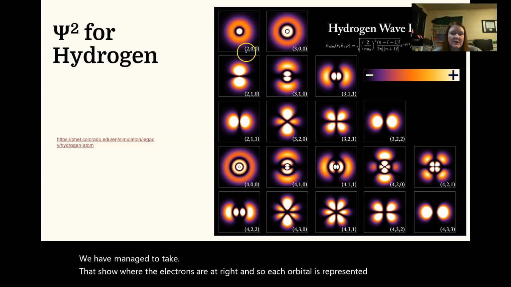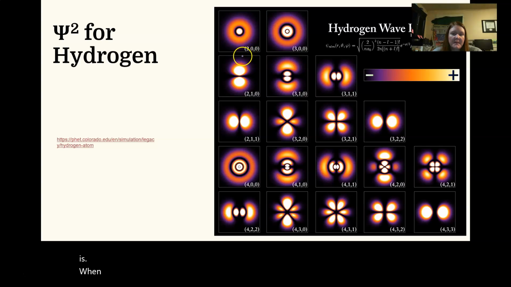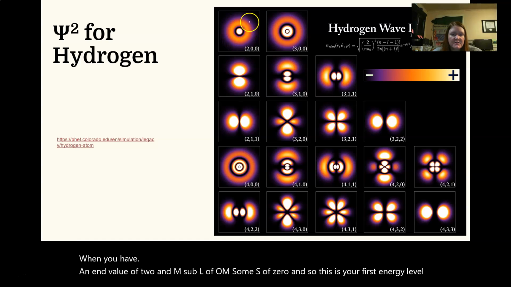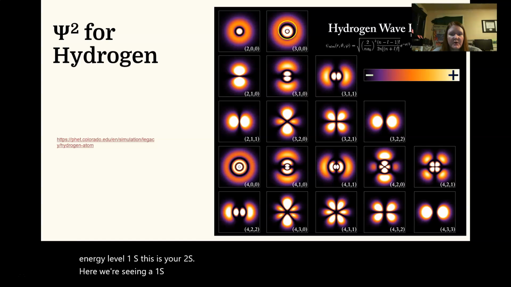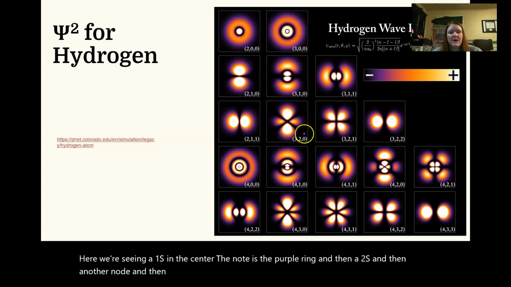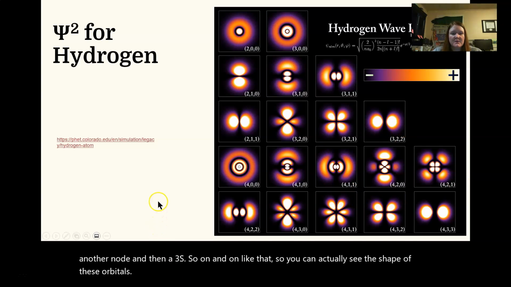So this is when you have an n value of 2, an m sub l of 0, and an m sub s of 0. And so this is your first energy level, 1s. This is your 2s. Here we're seeing a 1s in the center. The node is the purple ring, and then a 2s, and then another node, and then a 3s. So on and on like that. So you can actually see the shape of these orbitals in this image.